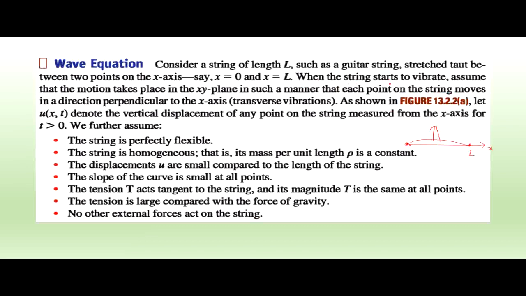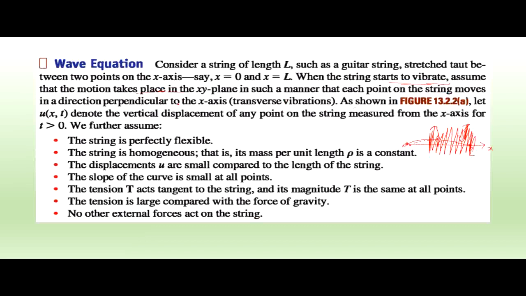When the string starts to vibrate, assume that the motion takes place in the xy plane in such a manner that each point on the string moves in the direction perpendicular to the x-axis. So it will vibrate in this direction. This is the displacement of the string. Every point on the string will be vibrating, though we assume vibration will not occur at the end points.